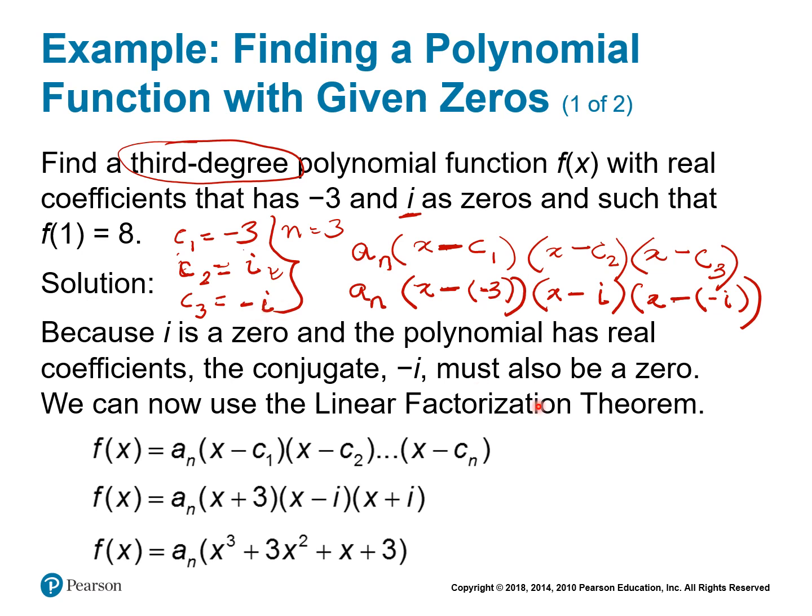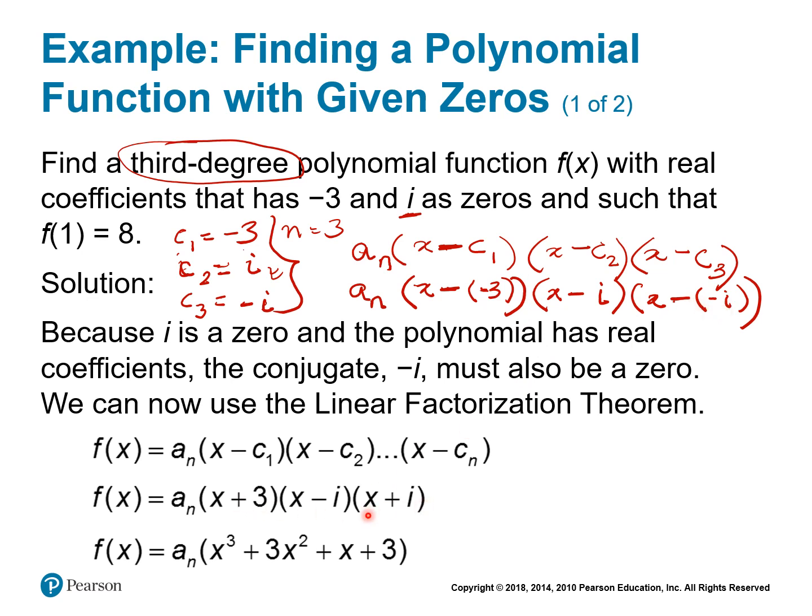So we got minus i. We can now use the linear factorization theorem, and they've written it as a sub n times x minus -3, which is x plus 3, then x minus i, and then x minus minus i is x plus i.